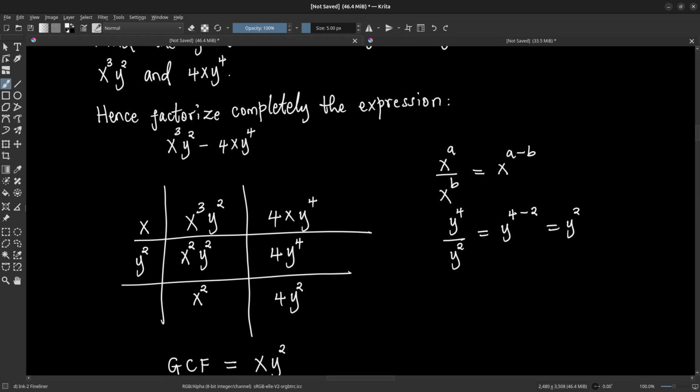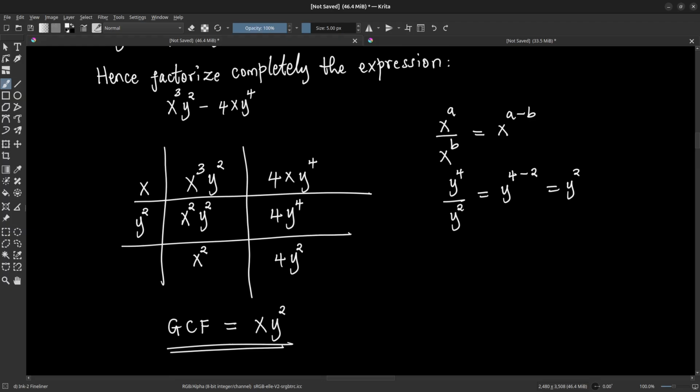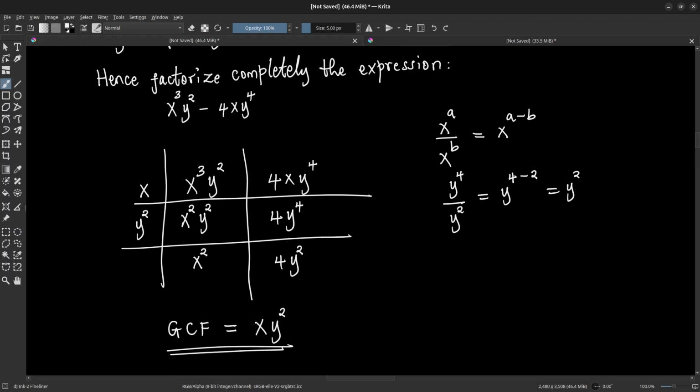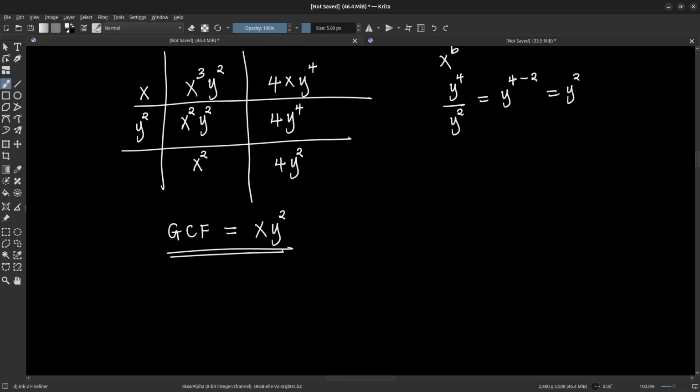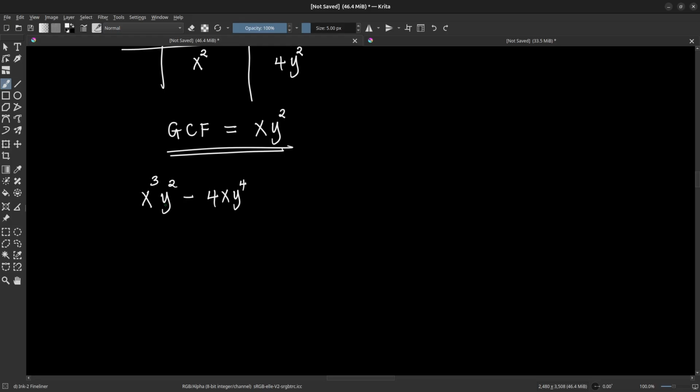The second part of the question read, hence factorize completely, so the difference between the two expressions. You're being told to factorize x cubed y squared minus 4x y to the power of 4. So we are going to factor out the GCF, which we found was xy squared, and when we factor that out, this first expression divided by xy squared: x cubed divided by x is x squared.